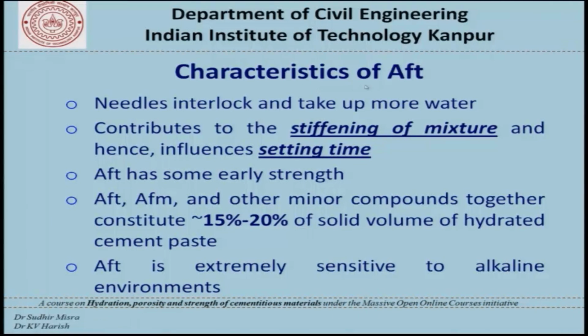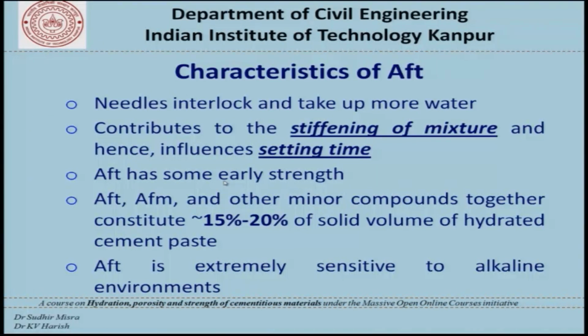Now the third one is characteristics of AFT, which is nothing but ettringite. Their needles interlock and take up more water. It primarily contributes to the stiffening of the mixture and hence influences setting time.